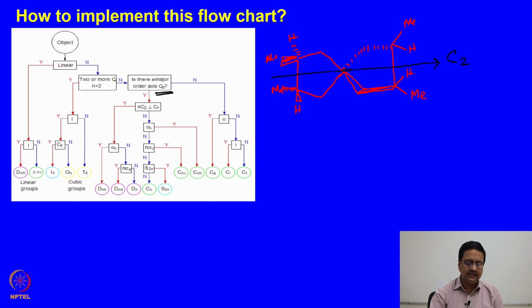So, the next question is, does it have S4? Because when we see that it does not have sigma h, does not have sigma v, the question asked is whether it has S4. S4 means we should rotate the molecule by 90 degrees and take a reflection. So, if you rotate the molecule by 90 degrees, you get the molecule like this.